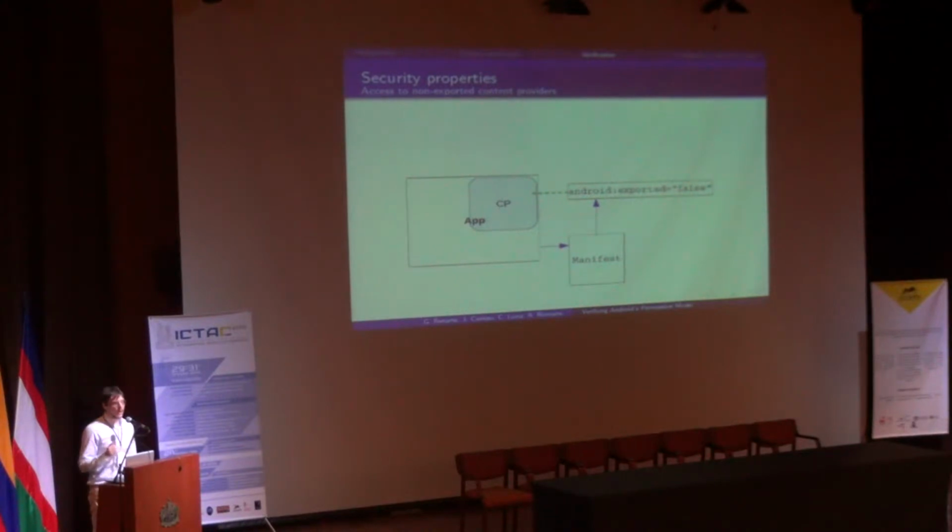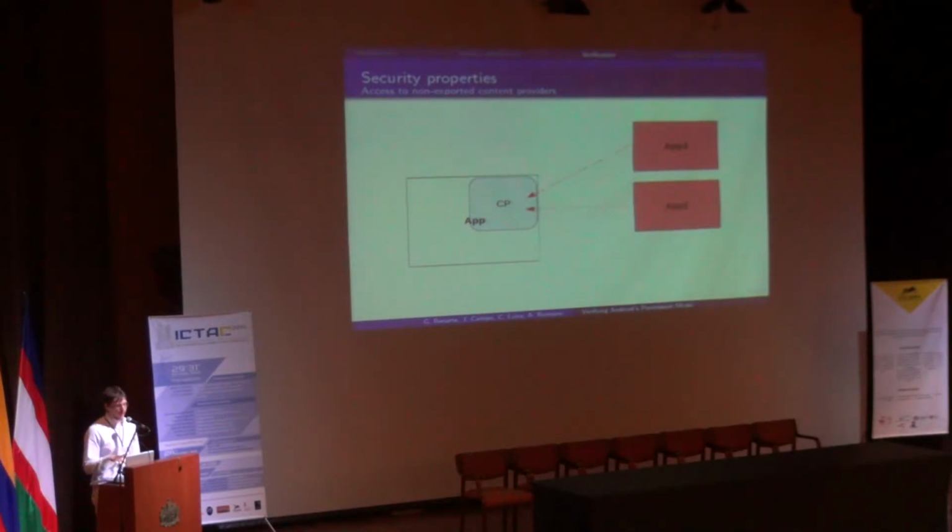Imagine we've got an application which has a content provider such that in its Android manifest it is specified that the content provider is not exported. According to the Android documentation, this means that this content provider cannot be accessed by any external application.